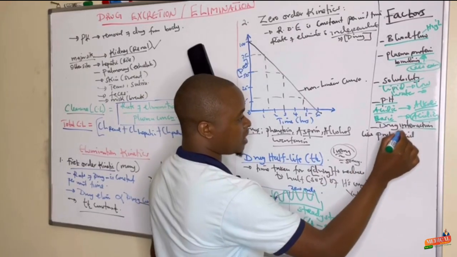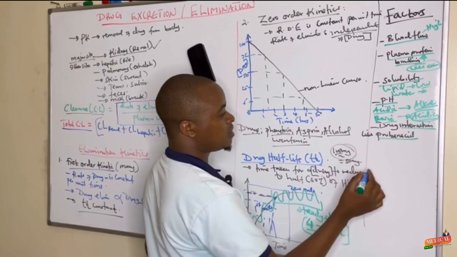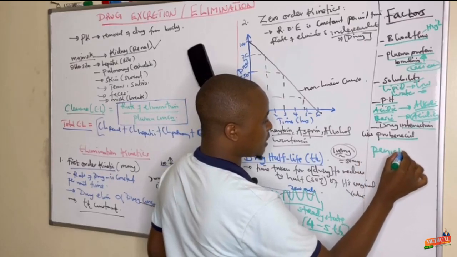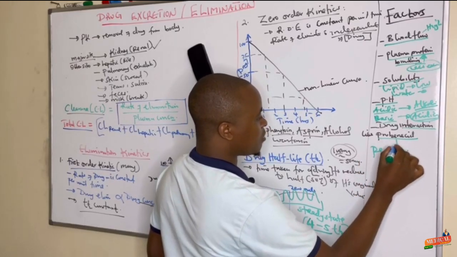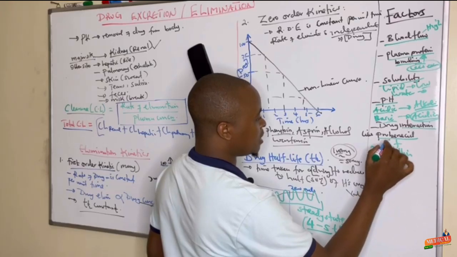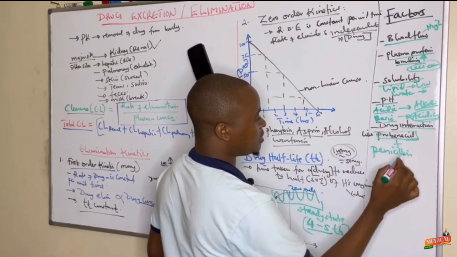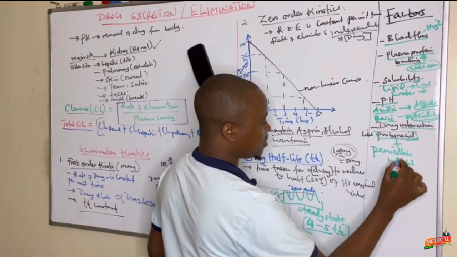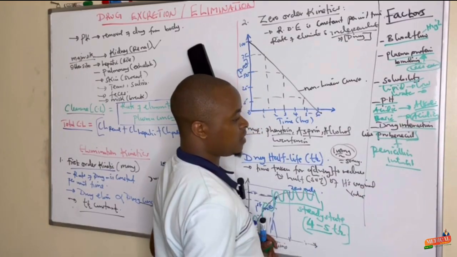Lastly is drug interactions like probenecid. When you take penicillin together with probenecid, probenecid inhibits their elimination, or it prevents their elimination.